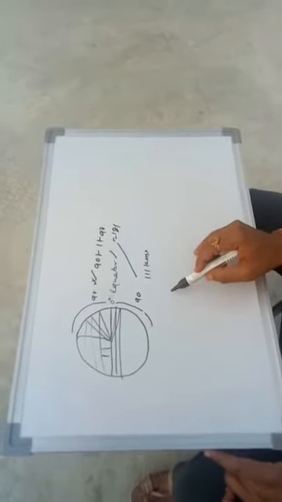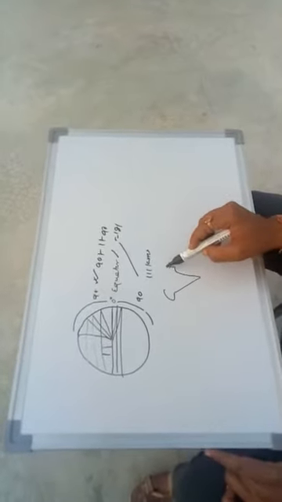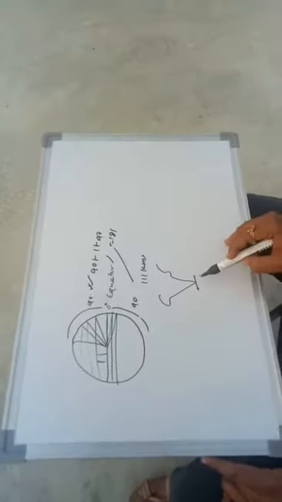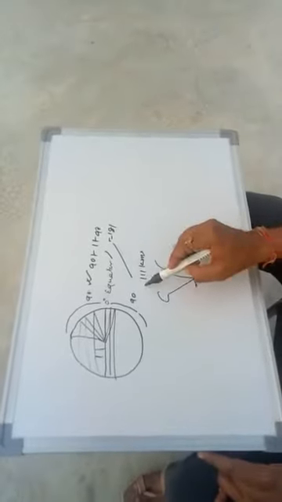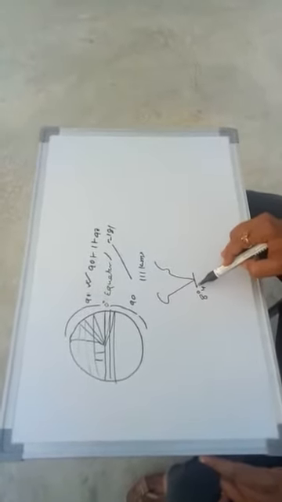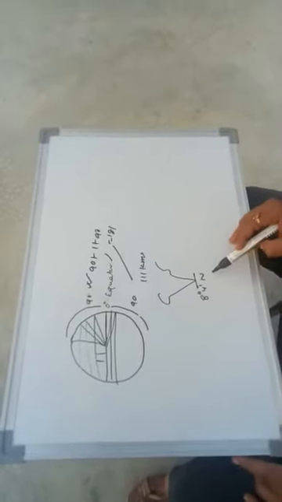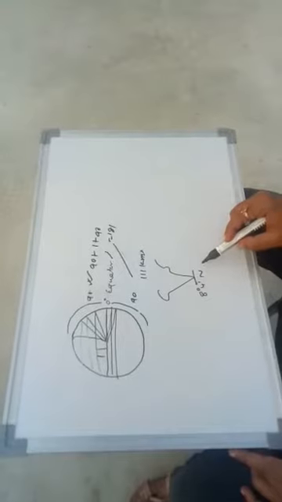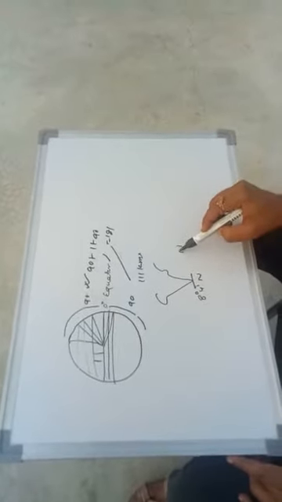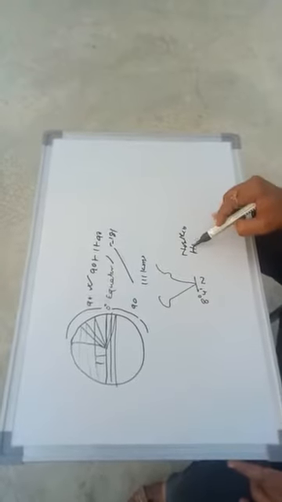India's location: if we see India's location, this is the mainland, and when we calculate it, it comes to 8 degree 4 minute north. This implies that India is in the northern hemisphere.